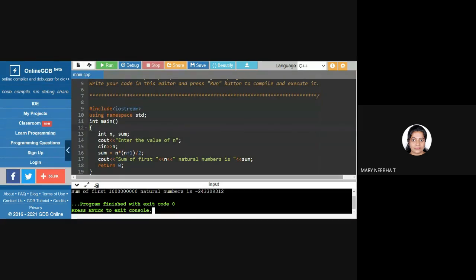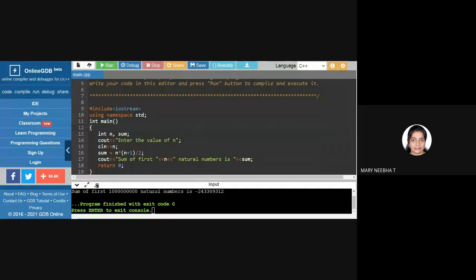Have you noted? You're getting the same answer only, because of the limit bound of integer. But here you're not getting a time delay. Yes. So that is the efficiency of the algorithm.